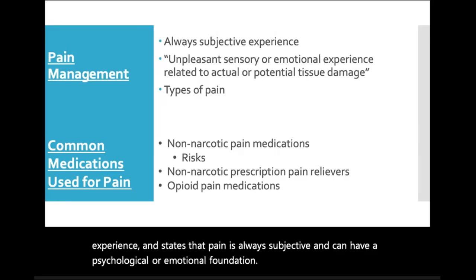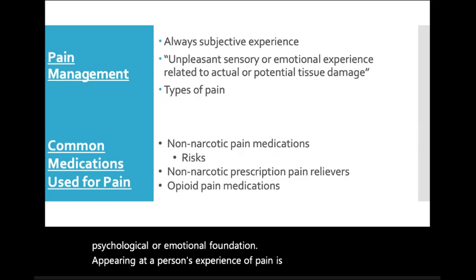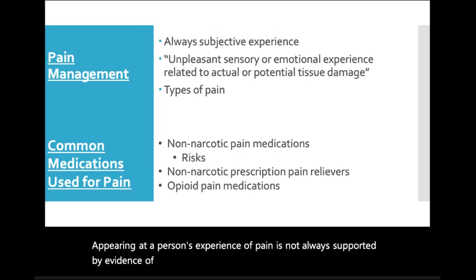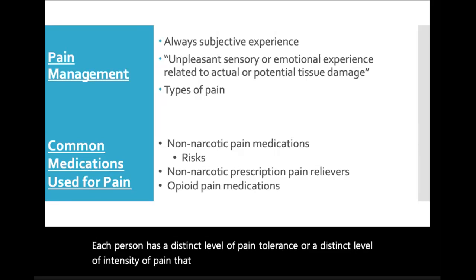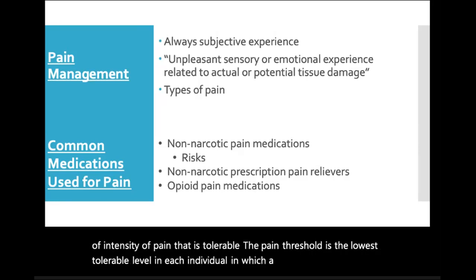A person's experience of pain is not always supported by evidence of tissue damage. Each person has a distinct level of pain tolerance, or a distinct level of intensity of pain that is tolerable. The pain threshold is the lowest level in each individual at which a stimulus can cause pain.